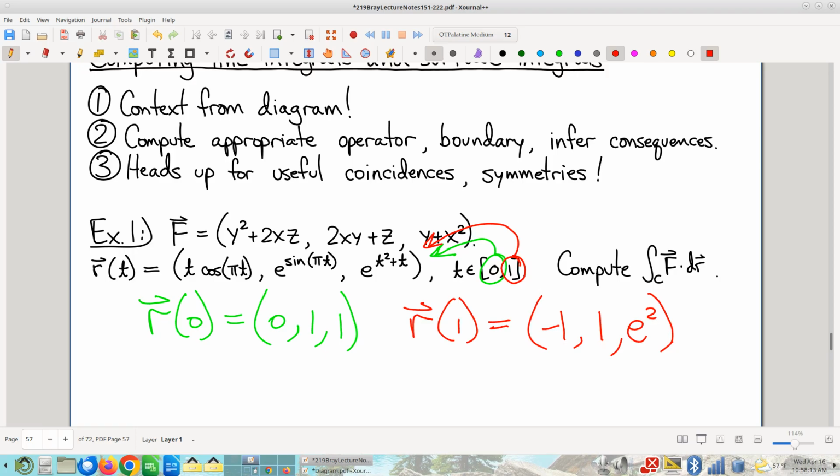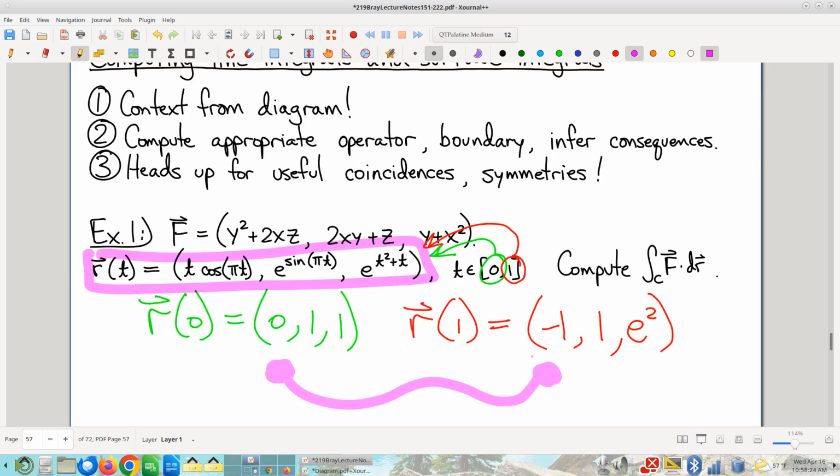For one thing, it tells me that my curve starts and ends at different points. If my curve starts and ends at different points, it can't be closed, which means it can't be a boundary.